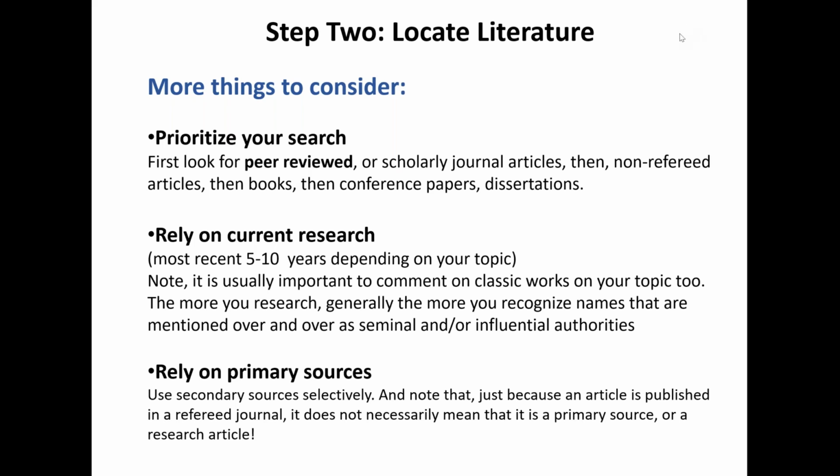But you can always include articles or books or conference papers or dissertations, just as long as that's not the bulk of what you're referencing, right? You want most of it to be scholarly or peer-reviewed literature. And definitely rely on primary sources and use secondary sources more selectively.